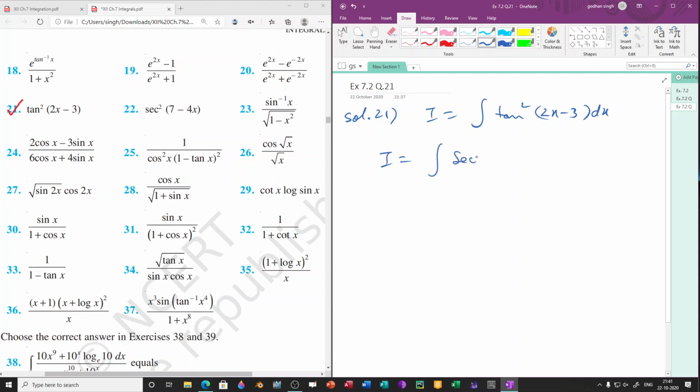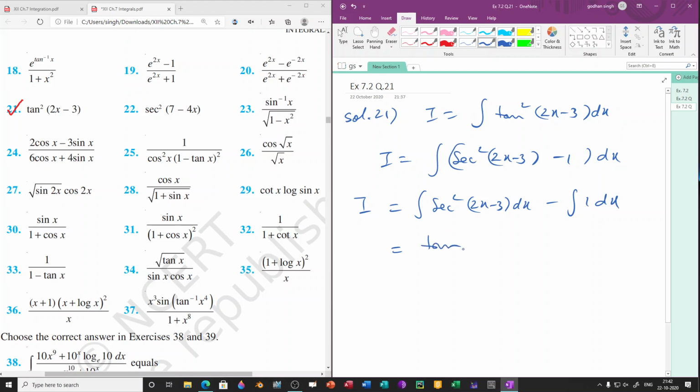So, sec square 2x minus 3 minus 1 dx. So, separating the integral, we will be getting I equal to integration of sec square 2x minus 3 dx minus integration of 1 dx equal to, now we know the integration of sec square x is tan x.